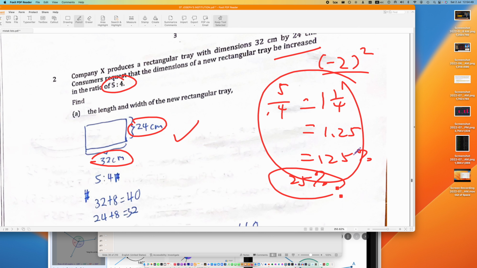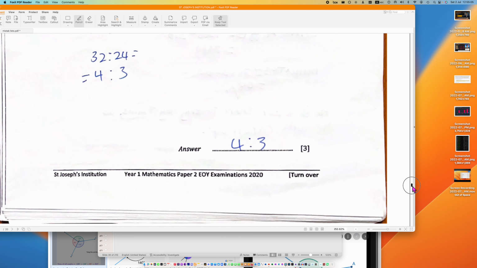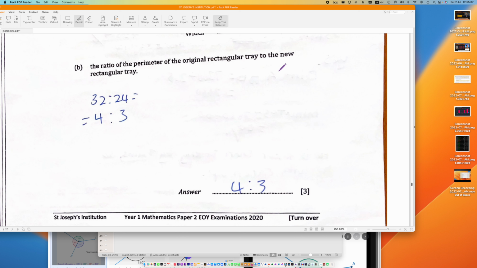Once you know that 25% more is plus 6, this one is plus 8. That's why you get 40 here, that's why you get 32 here. Then of course you can continue to find out the new whatever. Then the ratio of the perimeter of the original tray to the new one, so you just find out the perimeter.